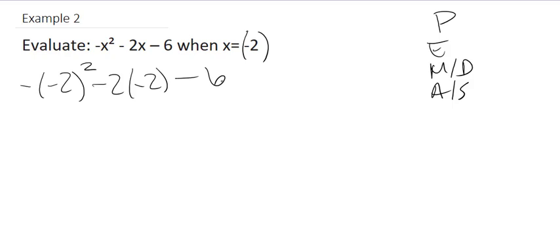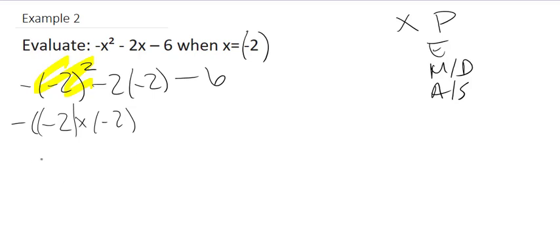So let's look at our list of how we would proceed with this. We don't have any operations in parentheses, so we can skip that first step. Then we look for exponents, which we see we have one right here. So let's do that. So minus (-2) times (-2) is equal to positive 4, as we have 2 negative signs, which then becomes positive.